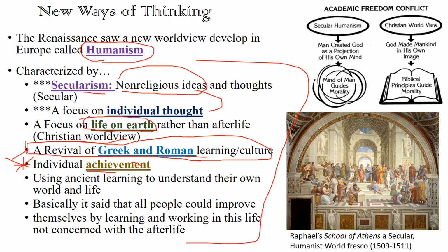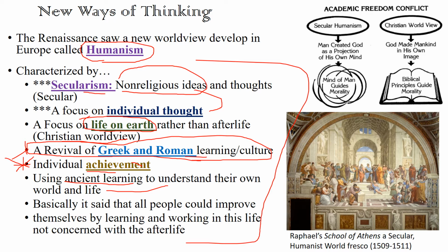Don't do just the minimum to get by. Do whatever you can to achieve and to grow as a person, using ancient learning to understand your own world and life and see it through these other lenses, while also acknowledging your own capability to create your own lens from which to view life.